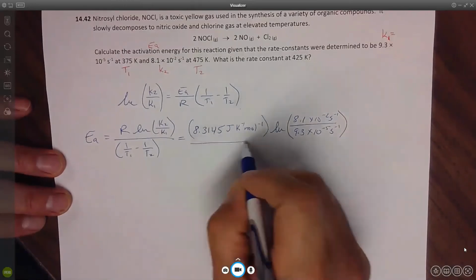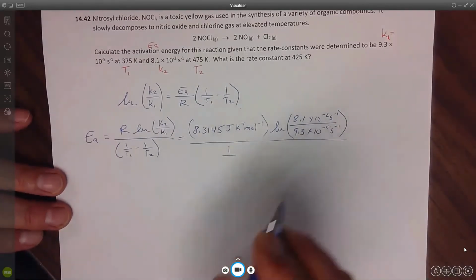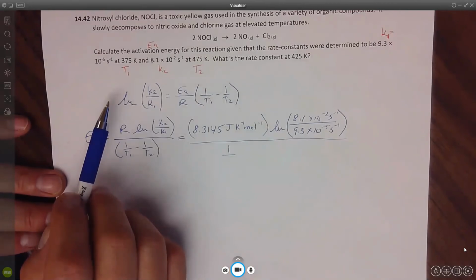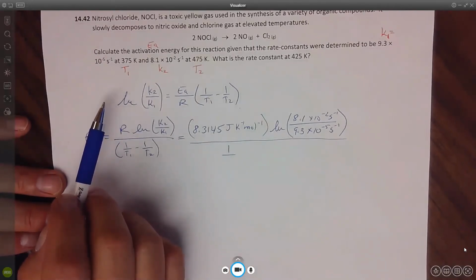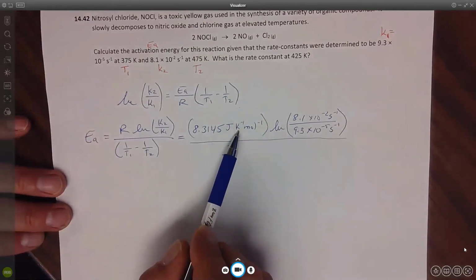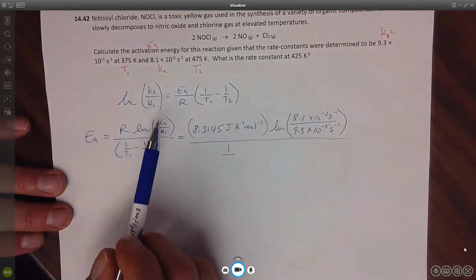And then we have to divide this by 1 over T1. Does it matter what units T is in? T should be in Kelvin. Why? It cancels out with the units of R. Absolutely right. There's actually another reason. The ideal gas law is used in the derivation of this equation. We won't go into it. It's really complicated.